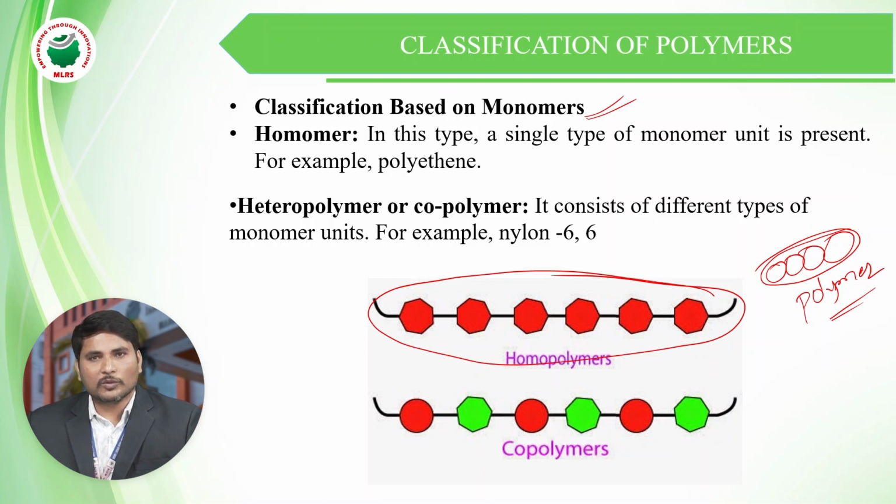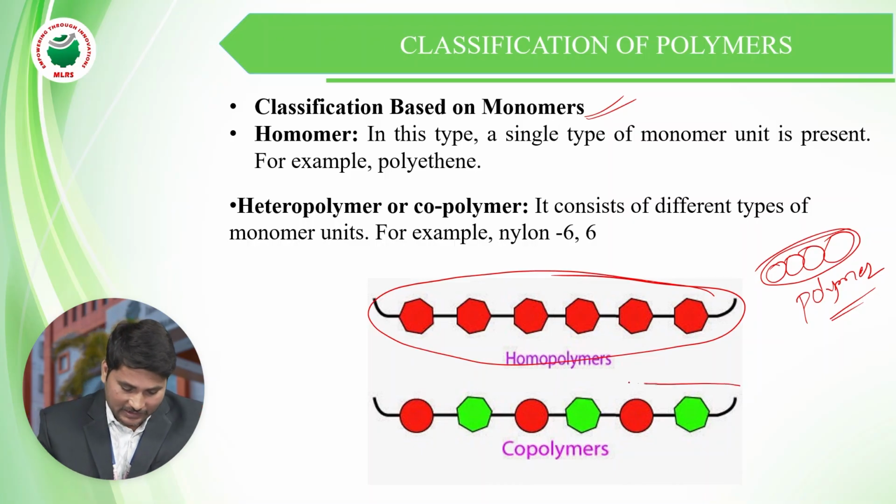Homopolymer means the monomers present all belong to one group or one type. And the second one is heteropolymer or copolymer. Hetero or co means different, more than one type, two or three different types of monomers. Due to different types of monomers, we get the copolymer.